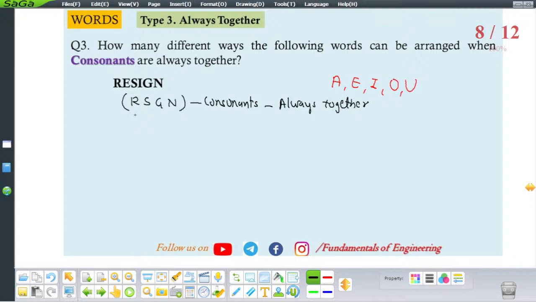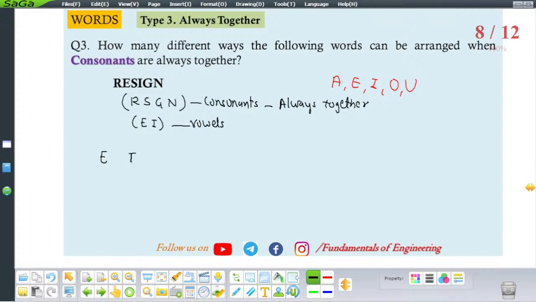The vowels are E and I. Same as we did for the vowels, now we have to do for the consonants, but we have to arrange the consonant block there. So possible arrangements with E and I.